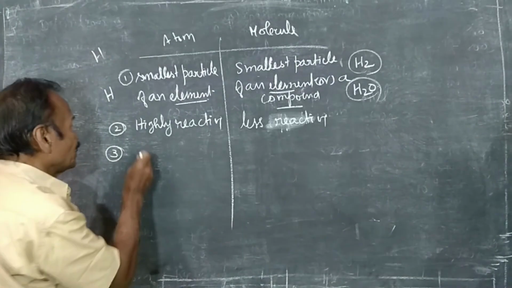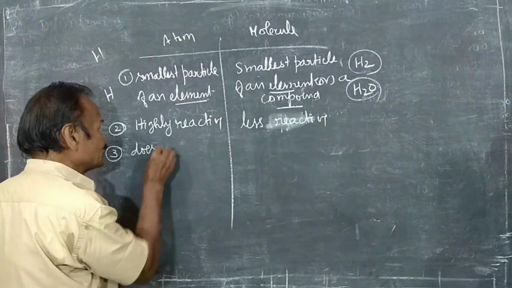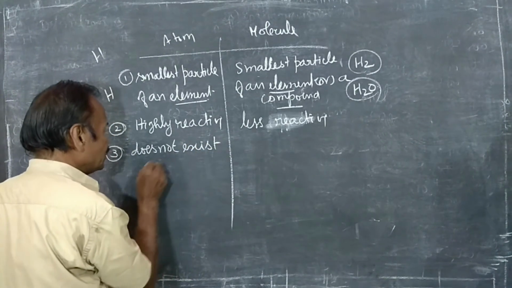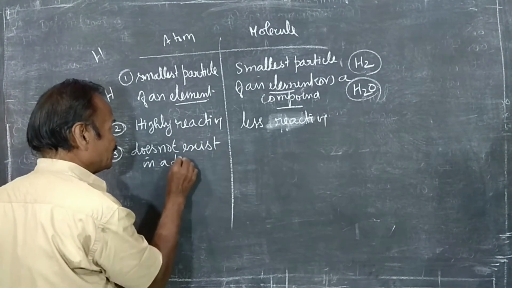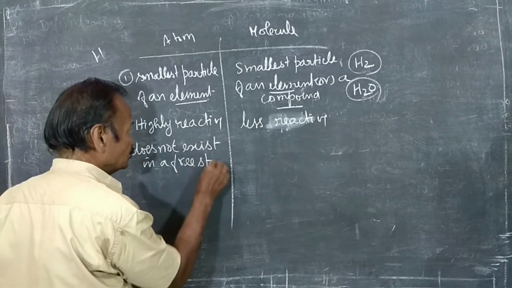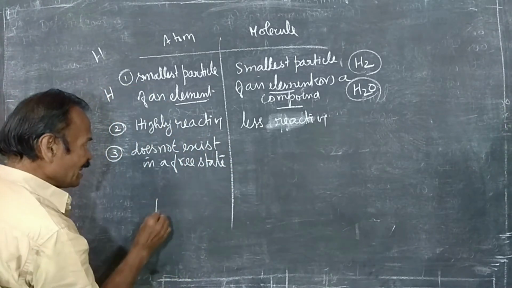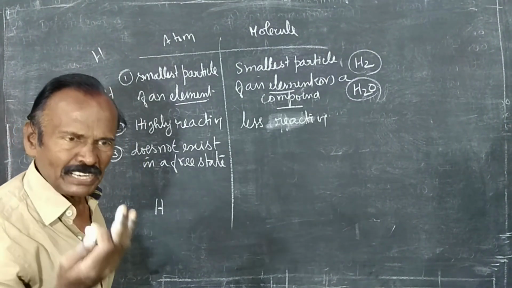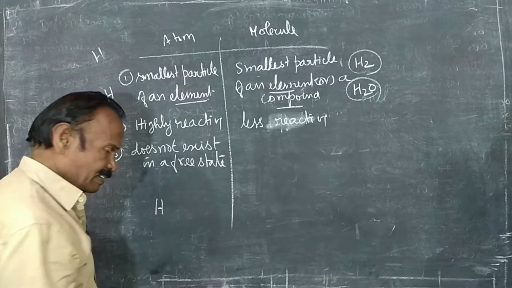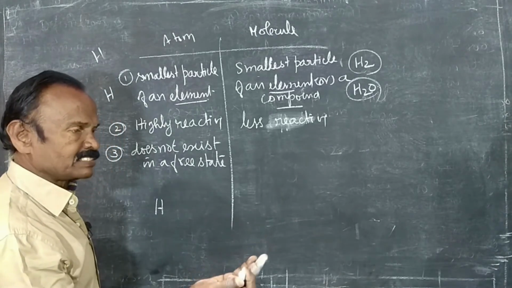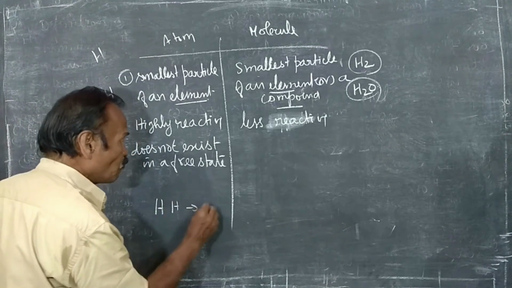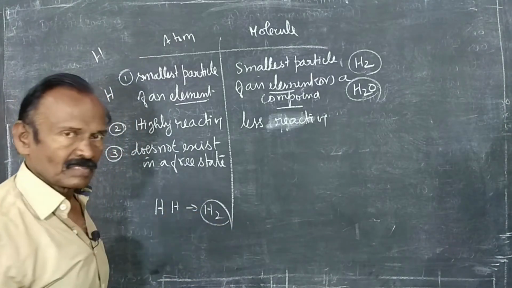Then, an atom does not exist freely, but a molecule exists in a free state. So we can say hydrogen atom, but you cannot find a hydrogen atom in a free state. When a hydrogen atom exists, it immediately combines with another hydrogen atom to form H2.